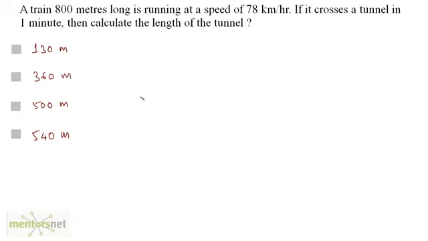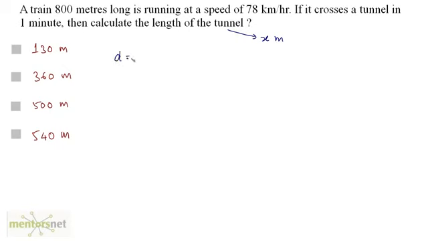A train 800 meters long is running at a speed of 78 kilometers per hour. If it crossed a tunnel in 1 minute, then calculate the length of the tunnel. First of all, let the length of this tunnel be x meters. In order to cross this tunnel, the train will have to move the length of the tunnel as well as its own length.